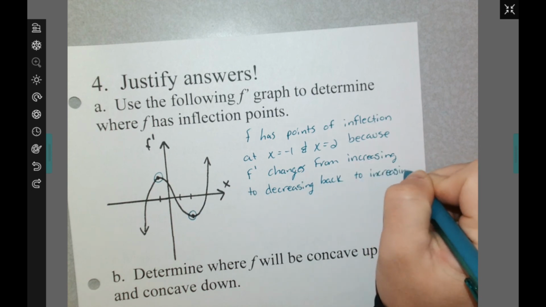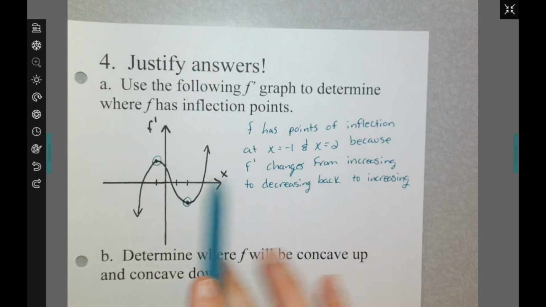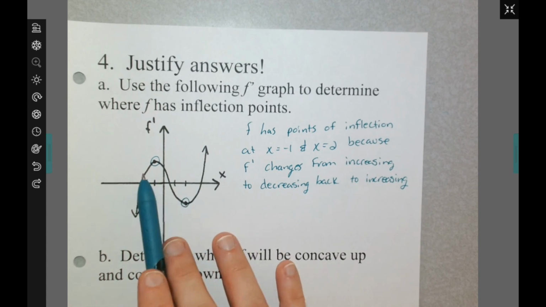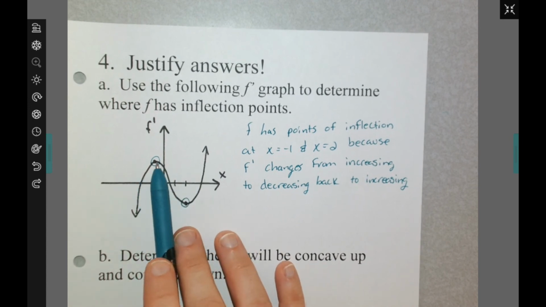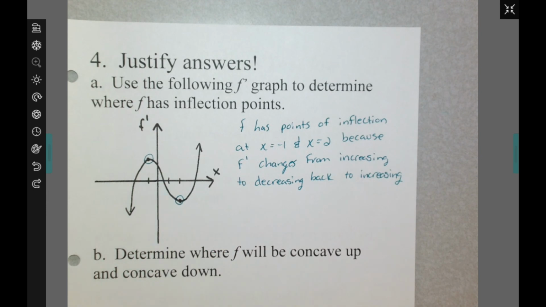This probably isn't the best wording for it, but you kind of get the point, okay? I say -1 and 2, and the reason being we're changing from an increase to decrease. So I go increase to decrease at -1, and that's a decrease to increase at x equals 2.